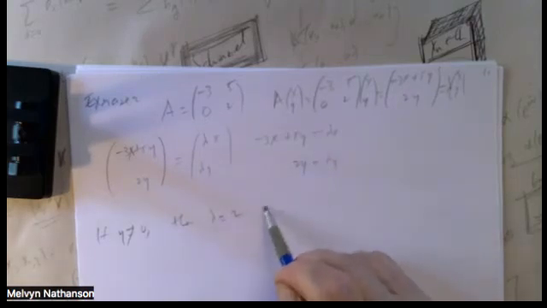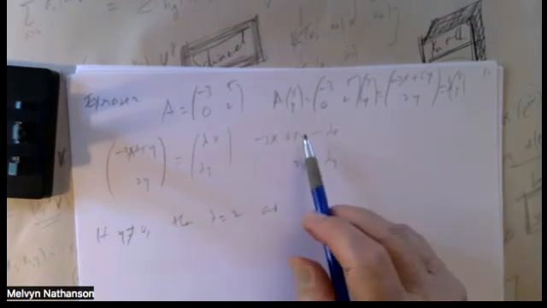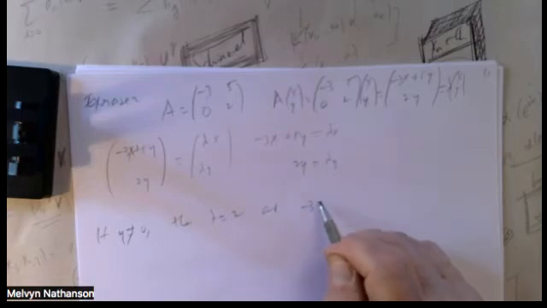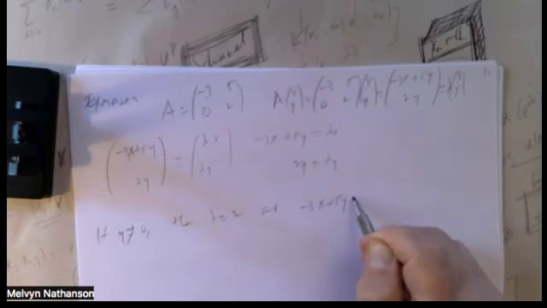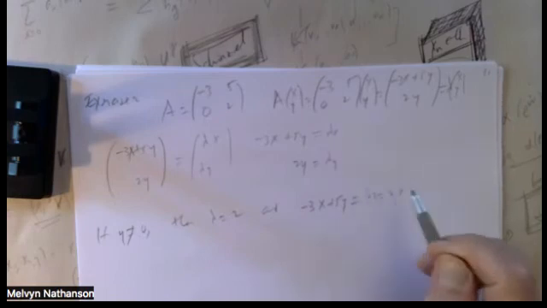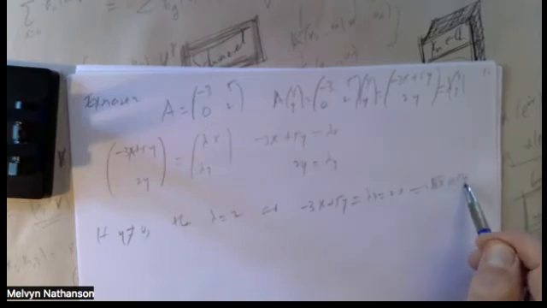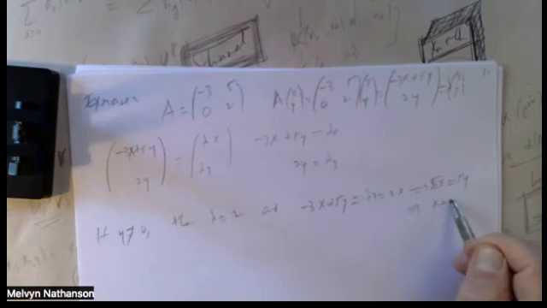And so we have the equation minus 3x plus 5y equals lambda x, which is 2x. So that's the same as saying that 3x plus 2x, 5x equals 5y, x equals y.